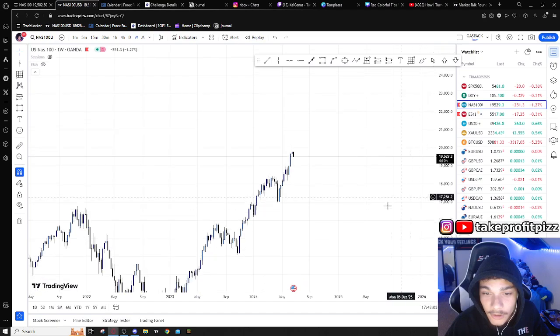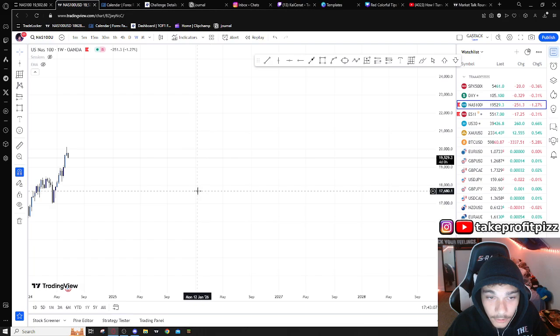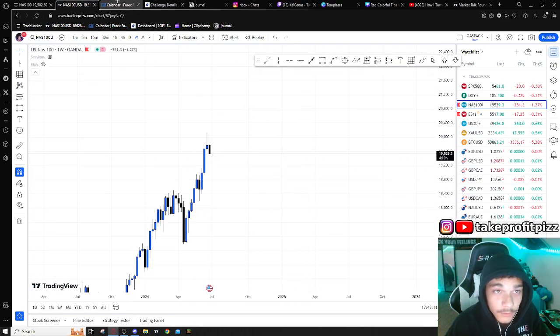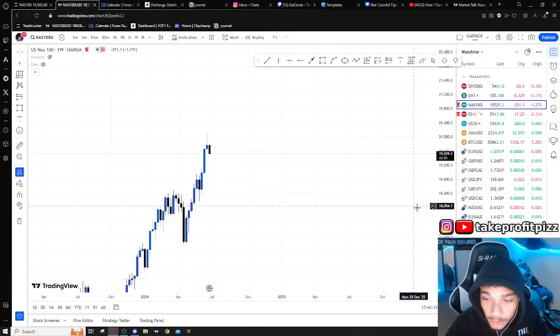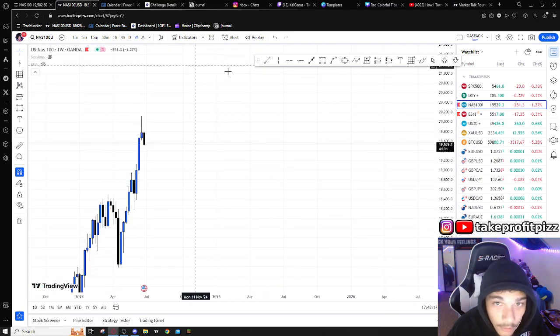If we're looking at NAS, we have been overbought for a couple weeks now. So what I did last night, because I knew FOMC came out today, before I went to bed, I marked out the chart for the day.